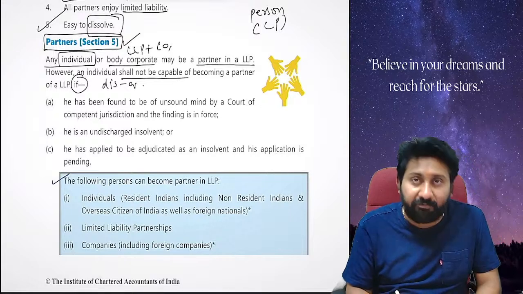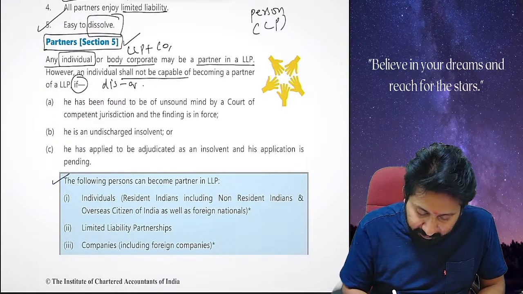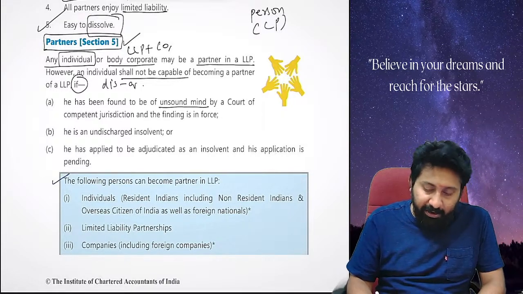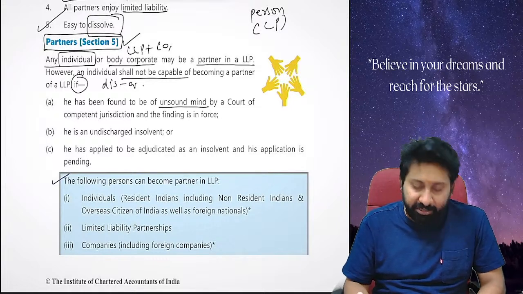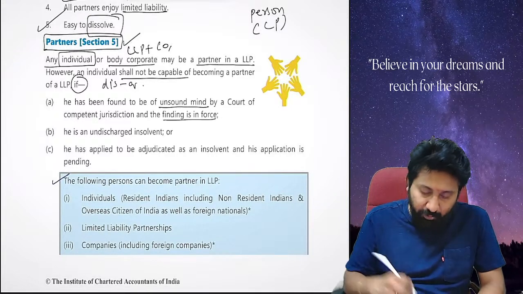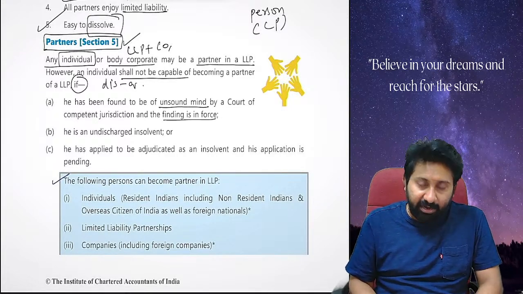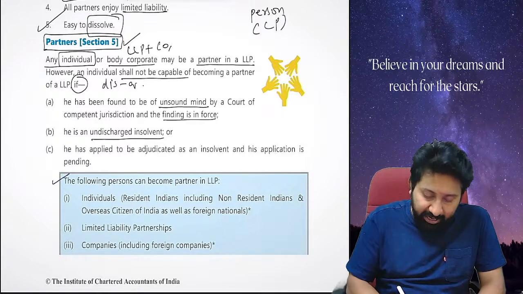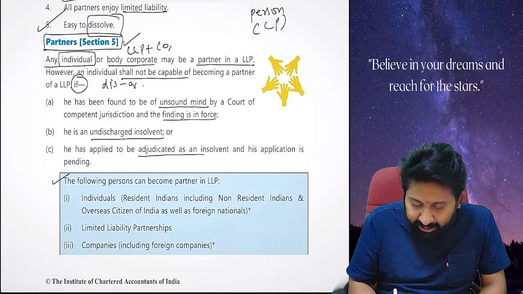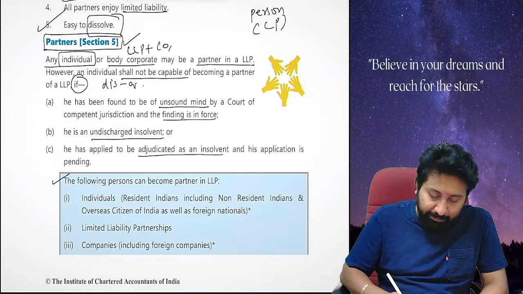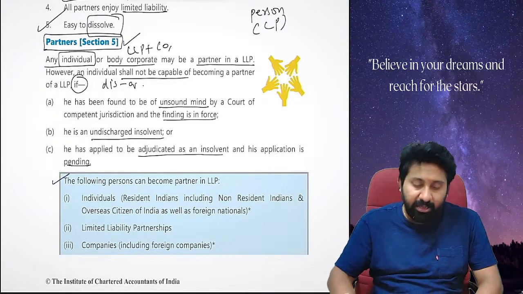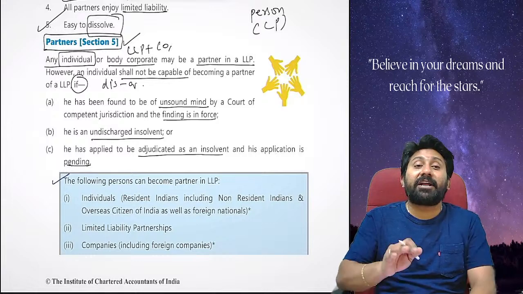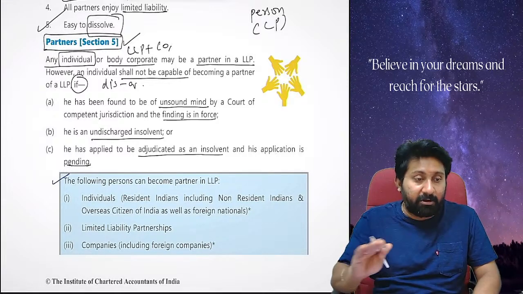He has been found to be of unsound mind by a court of competent jurisdiction and the finding is in force. He is an undischarged insolvent, or he has applied to be adjudicated as an insolvent and his application is pending. In these cases such an individual can't become a partner of an LLP.